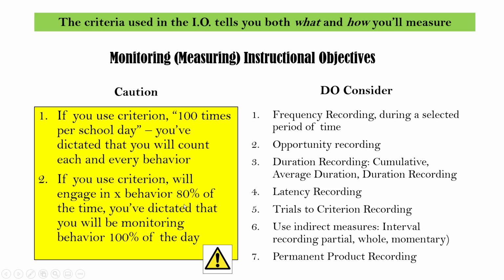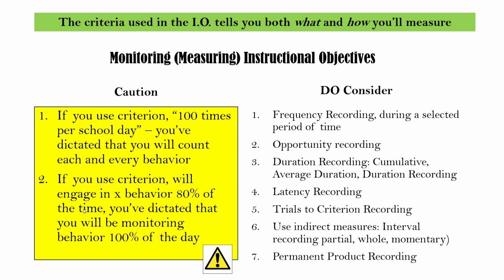If you're only monitoring that person for an hour, you might want to say, they'll engage in the behavior 80% of the 1 hour lunchtime or the 30-minute lunchtime, whatever it is. If you can watch them the whole lunchtime, then cool. So just make sure that you consider frequency recording.